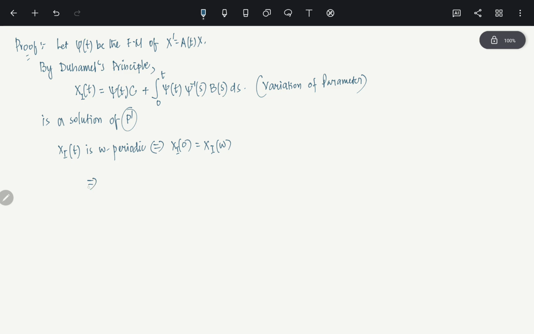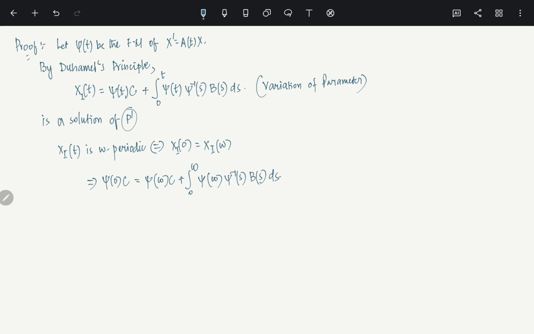That will imply phi of 0 times c, because xi at the point 0 is phi of 0 times c, and if you put 0 here, this term is not there. This equals phi at the point W times c plus the integral from 0 to W of phi at the point W, phi inverse at the point s, b of s ds. That's what we are going to get, right?